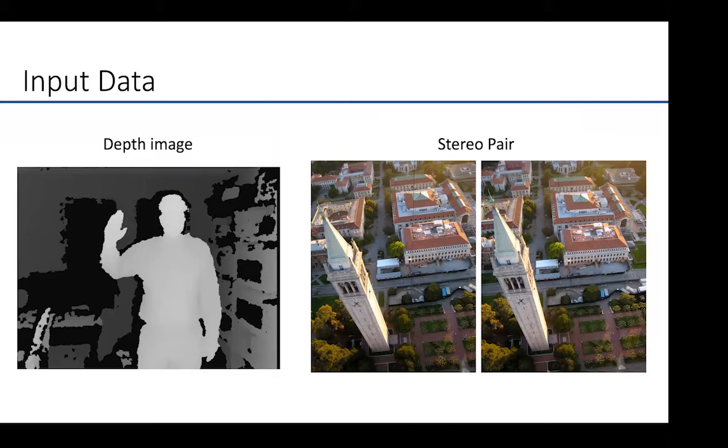You still don't know how far the object is, but you just know that this human is closer than these doors, probably. Stereo pair is just a pair of images. They're made from different points. These points are close to each other. Sometimes it is known how far these points are located with respect to each other. Sometimes we don't know. So it depends, of course, on the task.